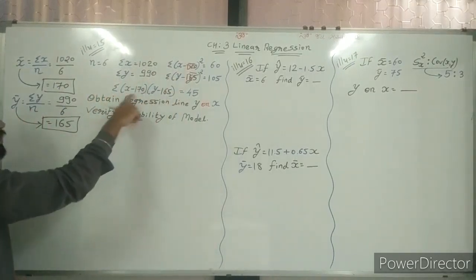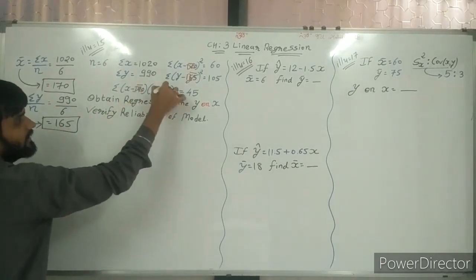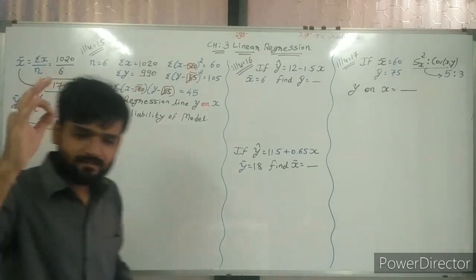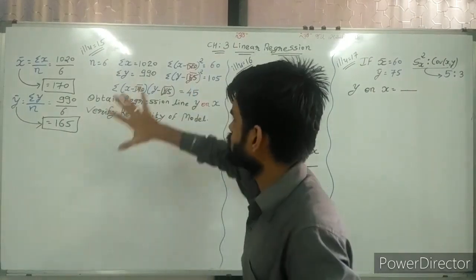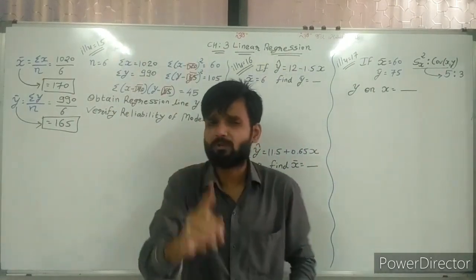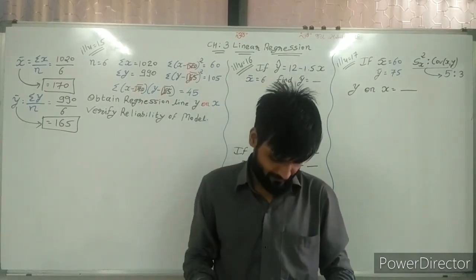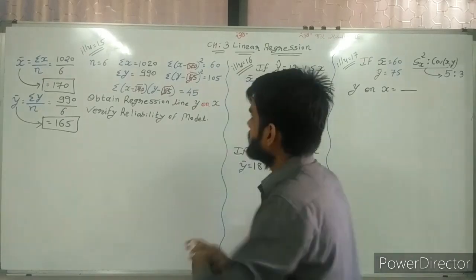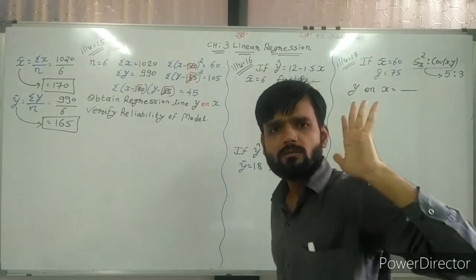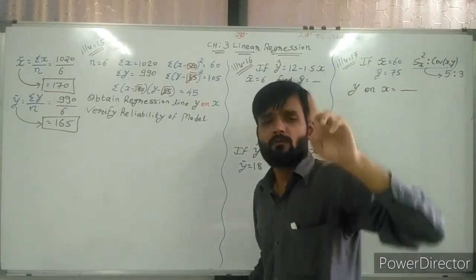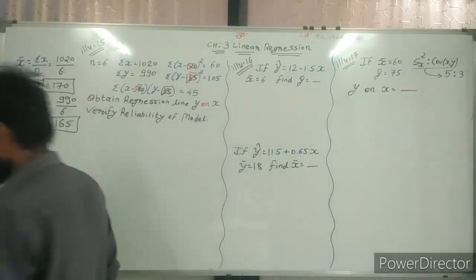This is the simplest one, and I am confident all of you understood it, because in the second chapter this was already discussed. Then we use the first formula of Karl Pearson and find the value of b.